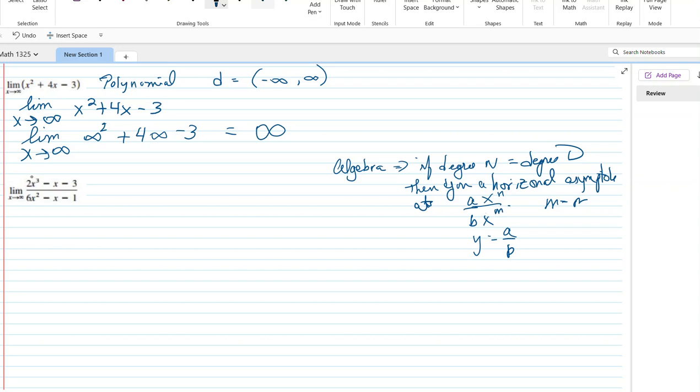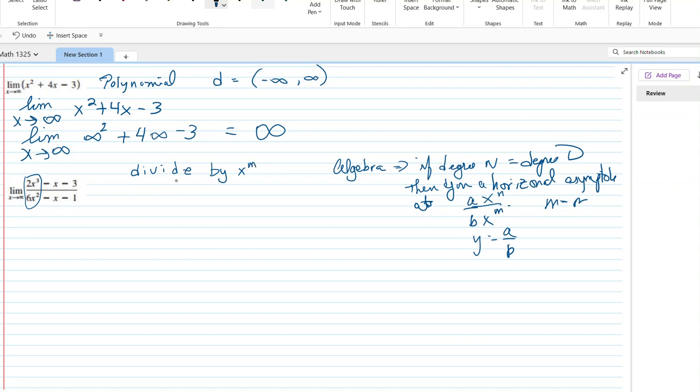Well, here we have this. All right, but we want infinity. Well, we can't divide infinity by infinity. That's ridiculous. So what we're going to do is divide by x to the m.